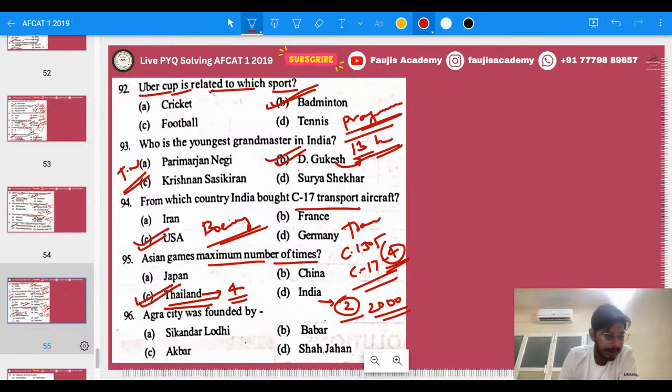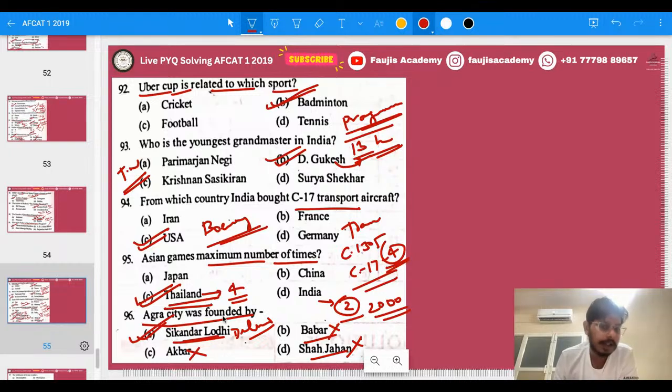Okay. Agra city. Agra city was founded by Lodhis. Okay. Lodhis of Delhi Sultanate. Okay. Mughals and Lodhis all were collectively considered as the Delhi Sultanate. Okay, right.